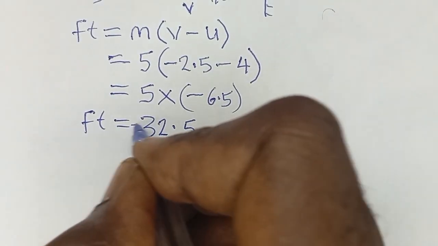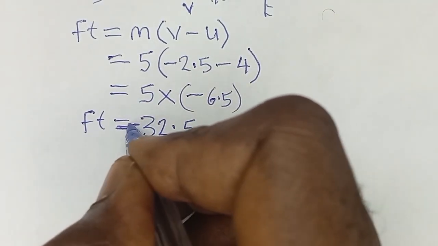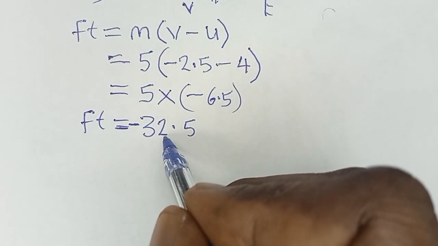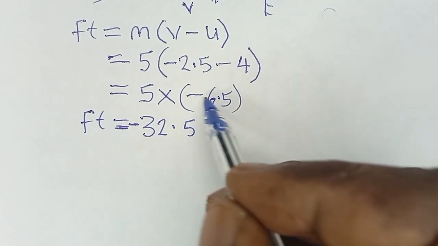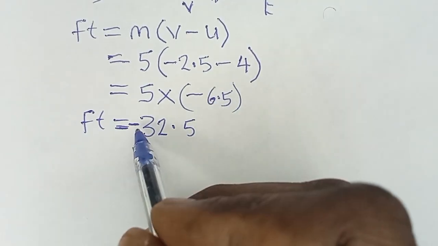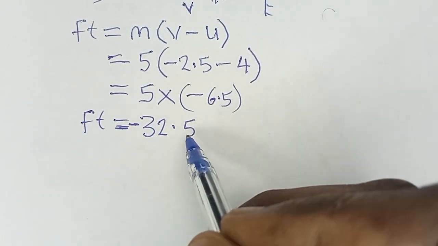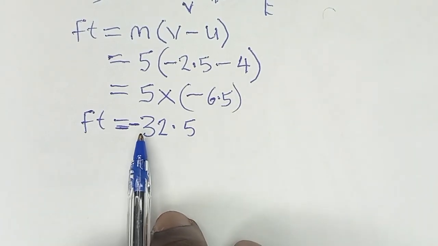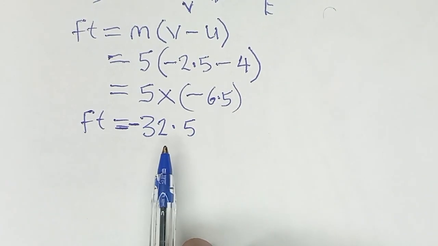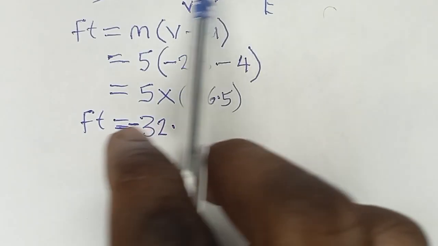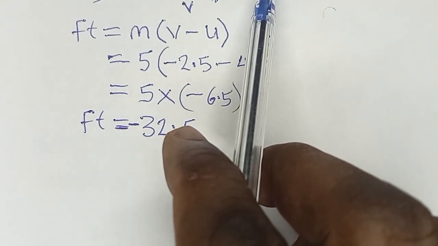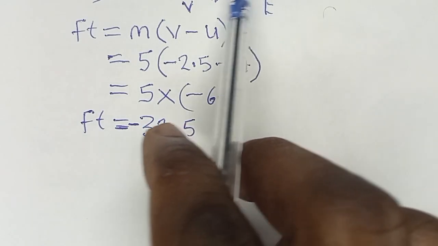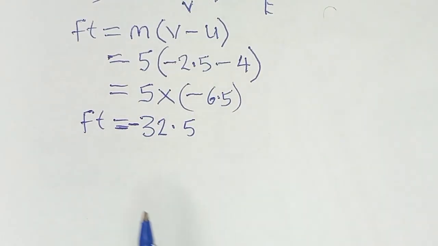Don't forget the negative sign is there, so minus 32.5 when I multiply by negative 6.5. So this is the impulse. This negative sign is telling us that the direction of the impulse is in this direction, so the wall experiences the impulse in this direction. That is what the negative sign is indicating.